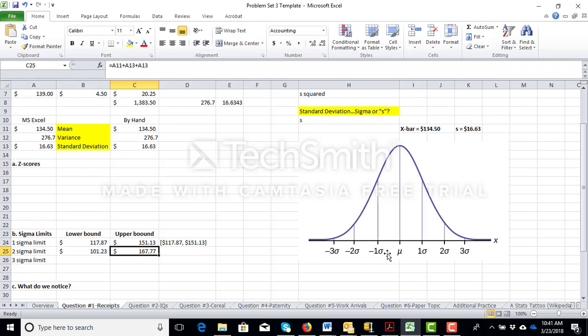The average, $134.50, plus one standard deviation plus another standard deviation gets me to $167.77. Again, if I were to write that, as I want you to, in the format that we generally use, which is inside parentheses or brackets, it would look like this. Okay.